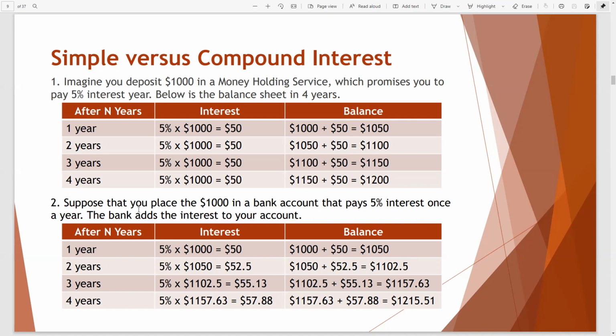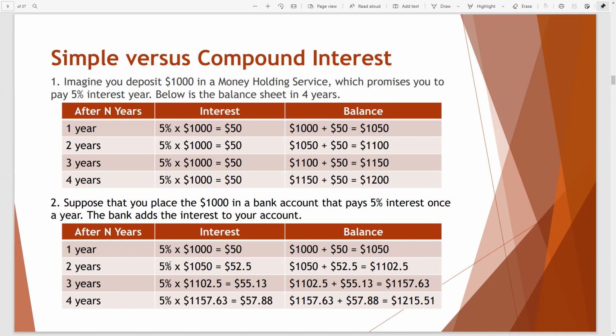And the second case is you place the $1,000 in a bank account that pays 5% interest once a year, and the bank adds the interest to your account. So the first year, 5% applied to the $1,000 you put in gets $50 interest. So at the end, you have $1,050, and the interest is paid once a year. So at the beginning of year 2, you have $1,050.